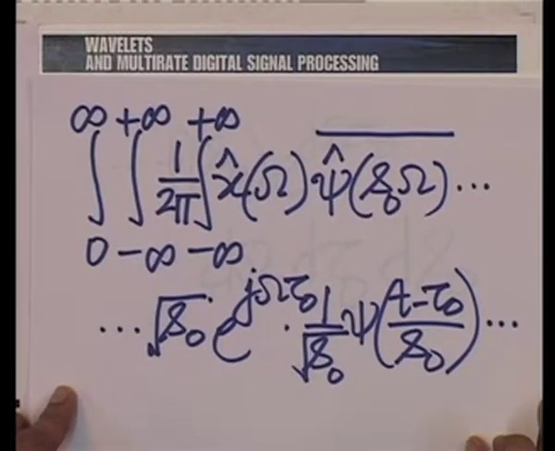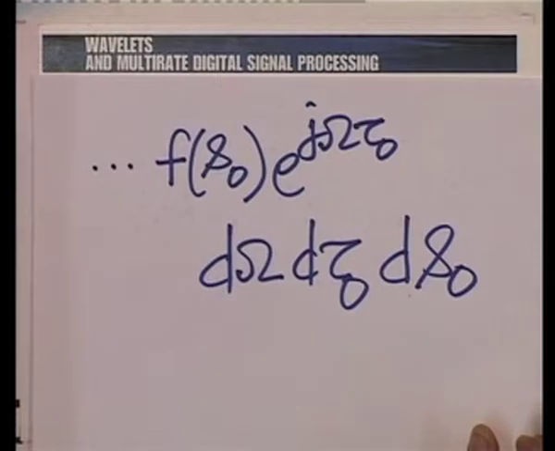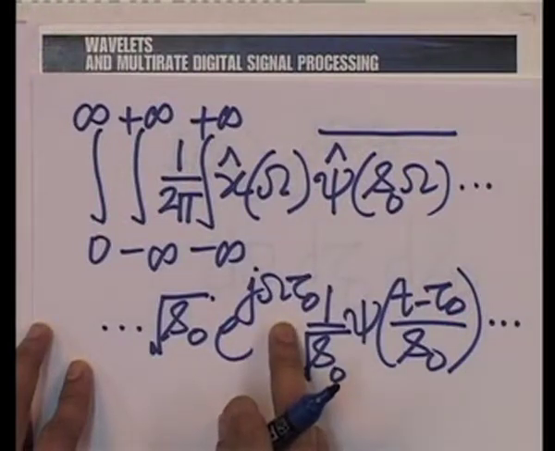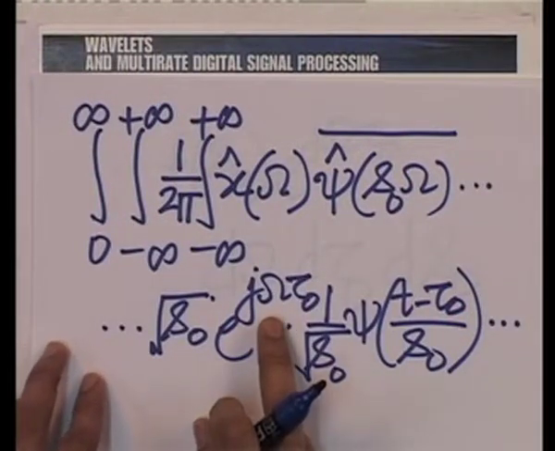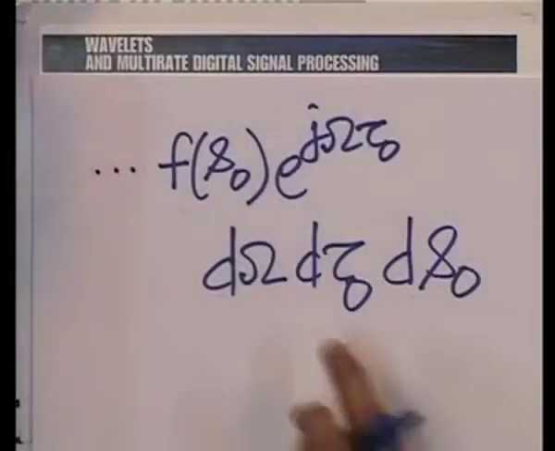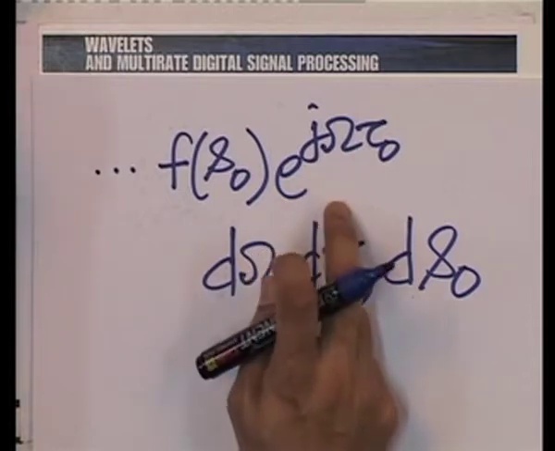As we did in the short time Fourier transform, it will of course be useful to change the order of integration, because there is a collapse of terms based on the fact that only a few terms depend on specific parameters. Now, for example, if you look carefully at tau naught, what we see is that it is only this term and this term that depends on tau naught here.